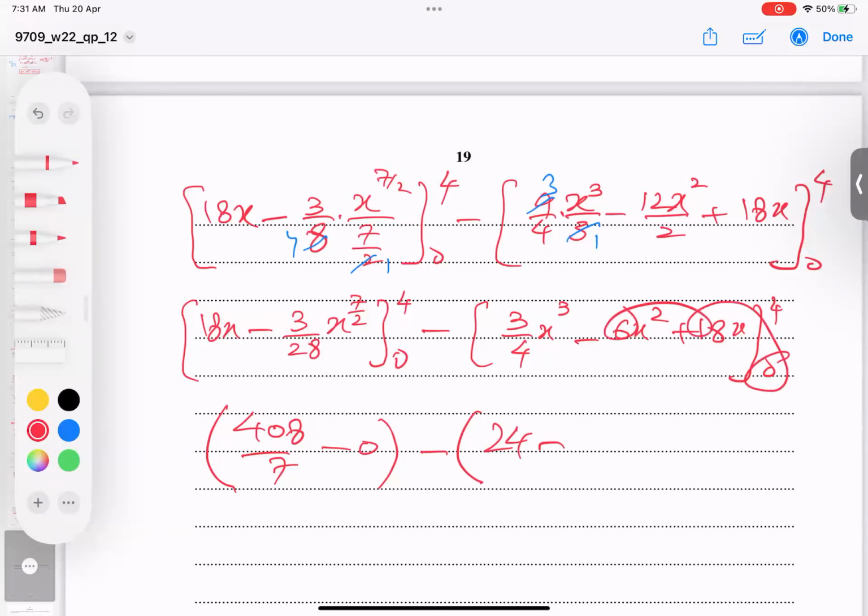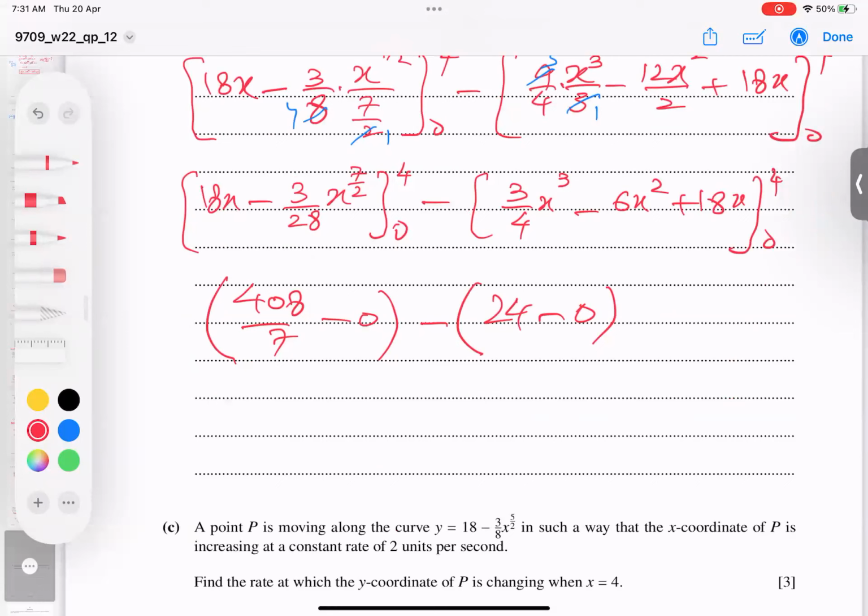And when I plug in 0, this becomes 0. So if we check it, 408 divided by 7 minus 24, my answer finally is 240 over 7, or 34.3 units squared, because it is area.